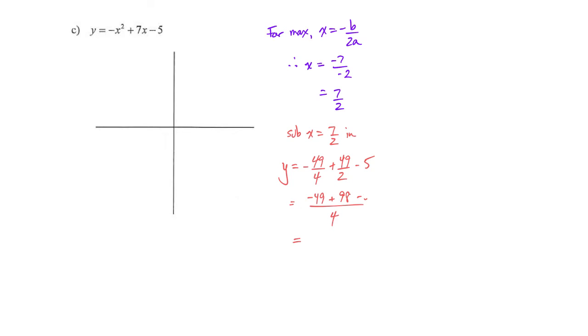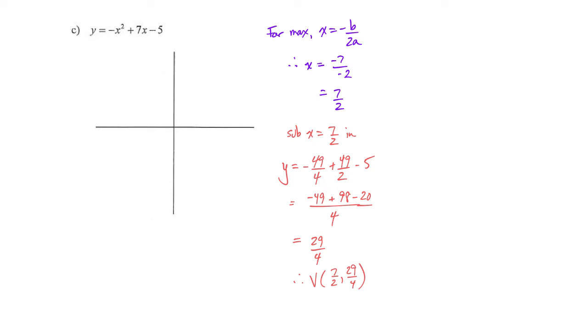I did notice I just went and got a common denominator with -5, but I didn't change that to get that value. So I've got to have my minus 20. Now I like that, and so that's going to get us down to 29/4. So I just found then that my vertex was at 7/2, 29/4.